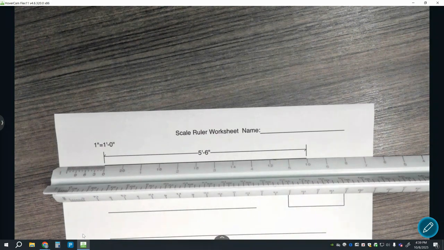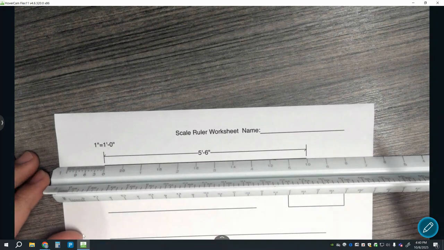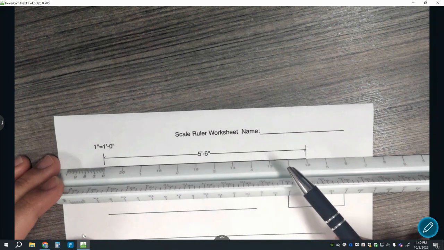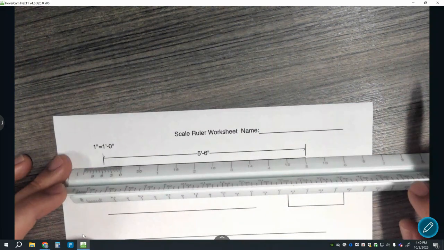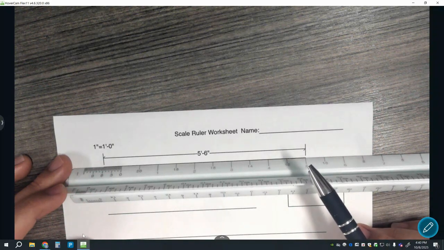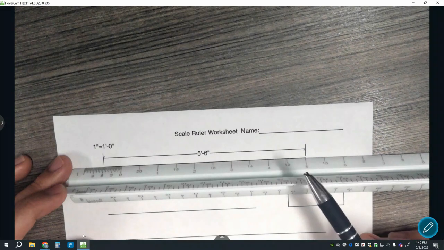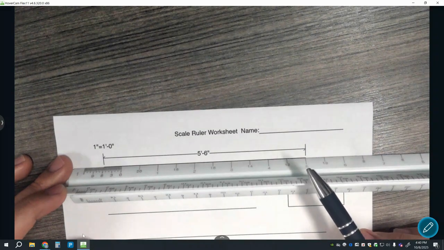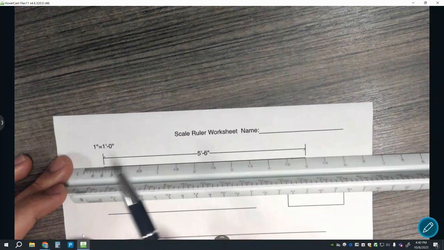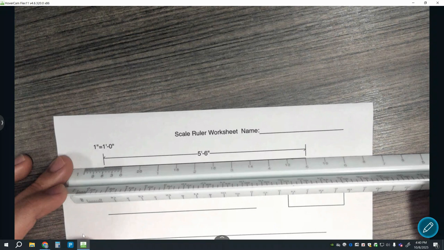So let's figure out how many inches that is. We're going to scoot the scale to the closest whole number. So we're going to move the scale over to the 5 because it's the biggest whole number. It doesn't reach the 6. So that's going to be 5 feet and 6 inches. We read the inches off from right here. So 5 feet 6 inches.